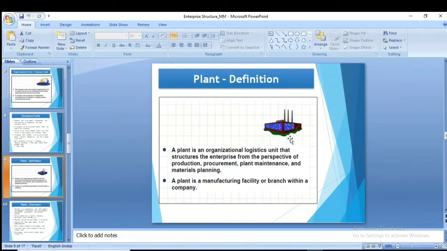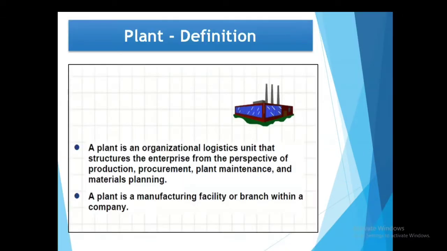So, what is a plant? A plant is an organizational logistics unit that structures the enterprise from the perspective of production, procurement, plant maintenance, and planning. A plant is a manufacturing facility or branch within a company.